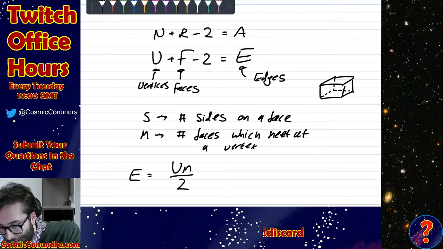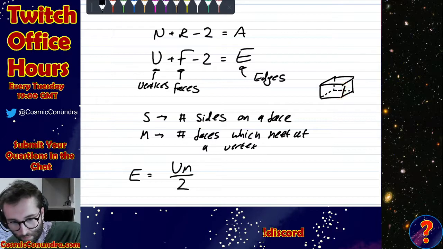If there are 3 faces meeting here, that means there are 3 edges connected to each vertex. But in counting this from the perspective of each vertex, doing it from the perspective of this vertex and this vertex, we will double count this edge here. So we have to divide by 2 to get rid of that double count. Okay.